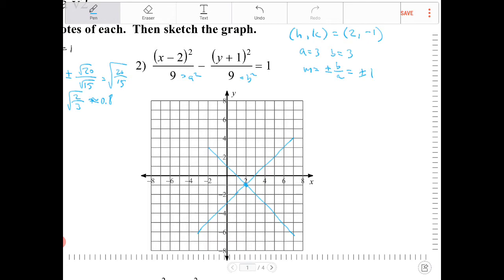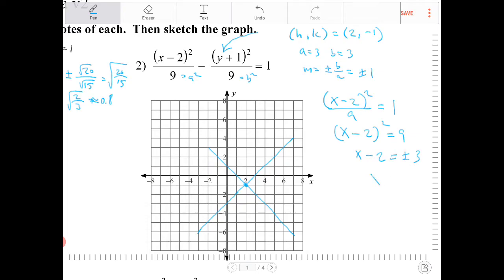And I know that for the hyperbola, if I substitute in -1 for y here, I end up with (x - 2) squared over 9 equal to 1. I multiply both sides by 9 and end up with (x - 2) squared equal to 9. Take the square root: x - 2 is equal to plus or minus 3.